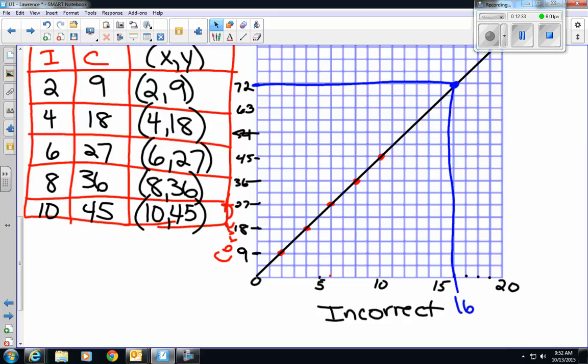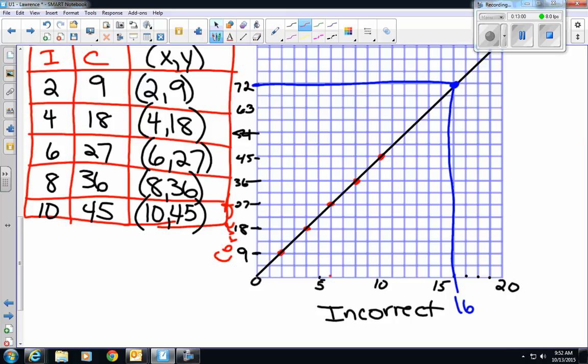No, she stays the same ratio every time. She got 72 right, she got 16 wrong.